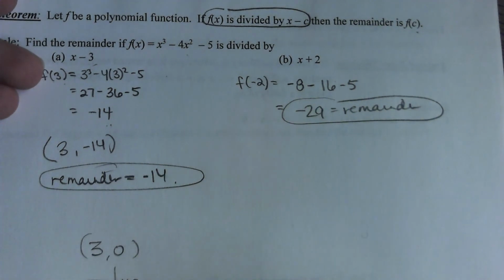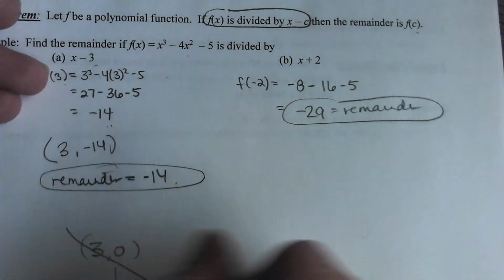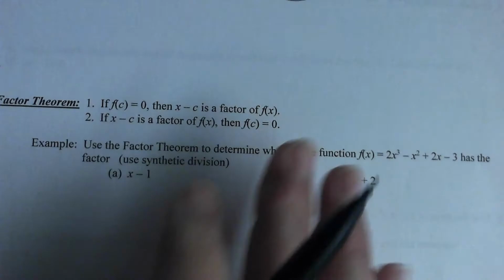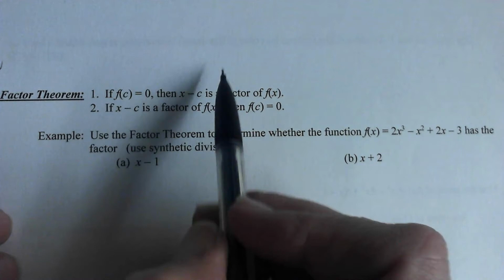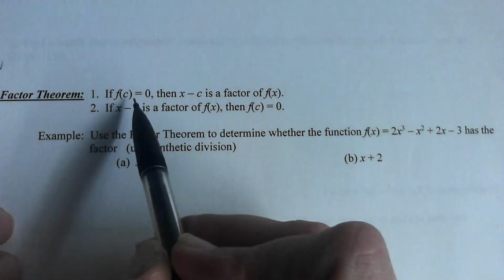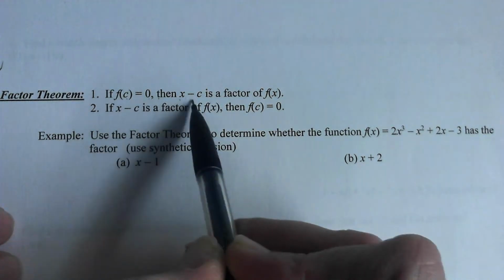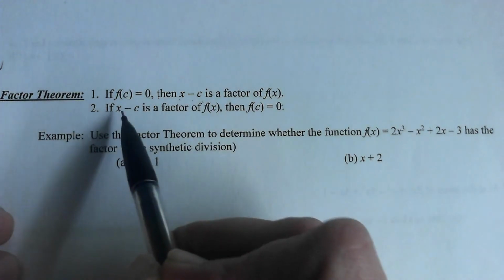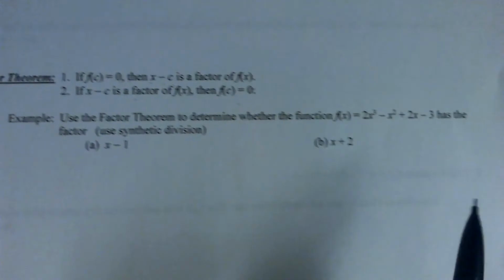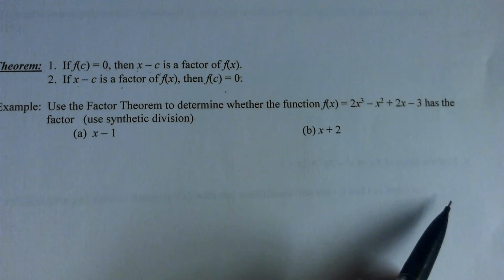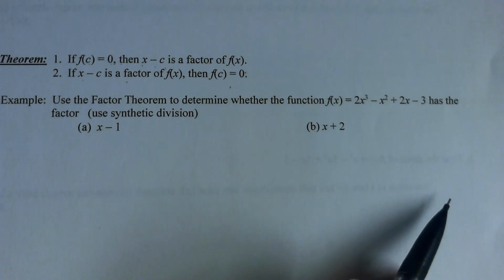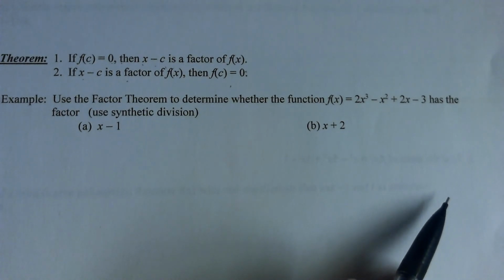Anything with a y coordinate of 0 is a root. So therefore anything with a remainder of 0 is a root. So that's all that's saying it in both ways. If f of c is 0, then x minus c is a factor, and vice versa. If you know it's a factor, then you know it's a root. So use the factor theorem to determine whether the function has the factor.